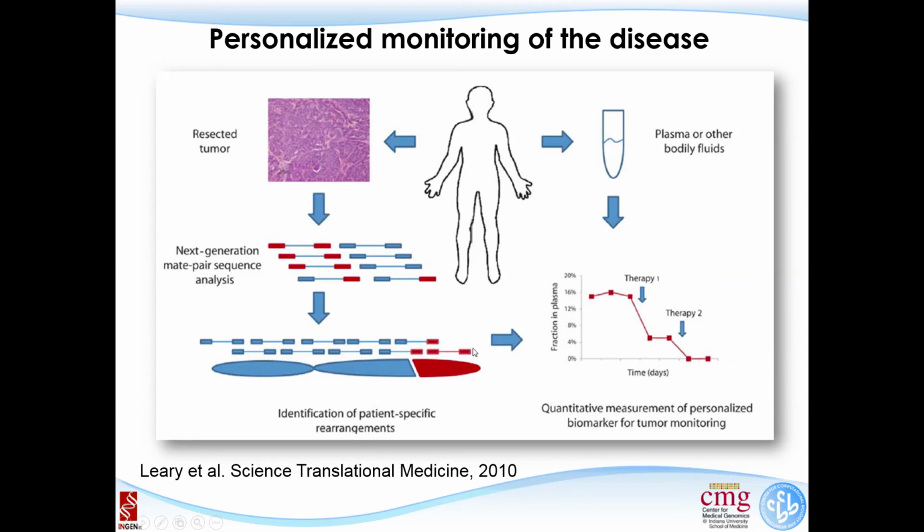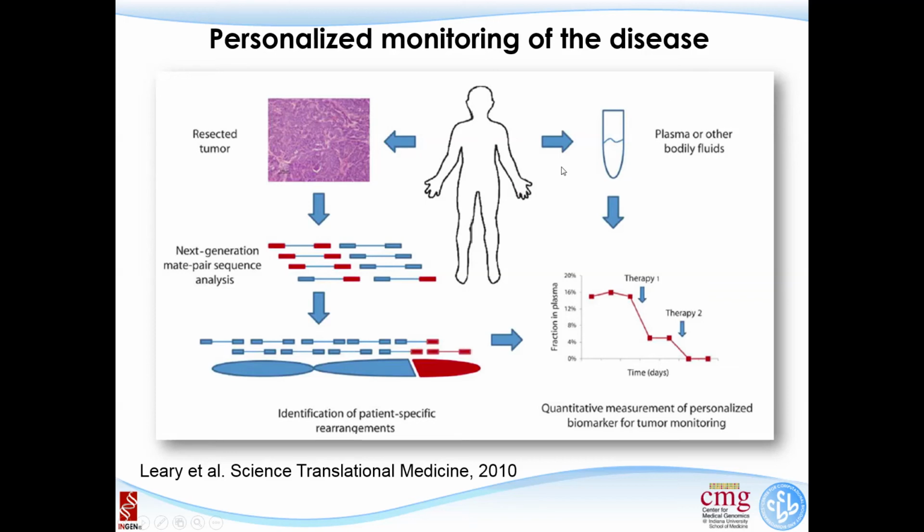But the red and blue chromosomes are not supposed to be together. They should be two separate chromosomes. But because of this cancer, there's a chromosome rearrangement. They did identify some reads like that, where one end is in the blue and the other is in the red. And once they identify those, this is going to be their biomarker.